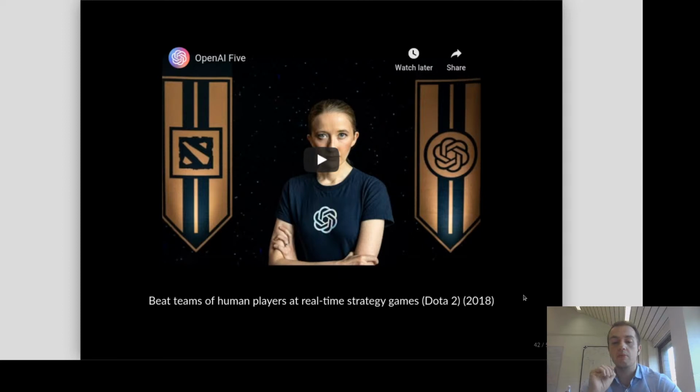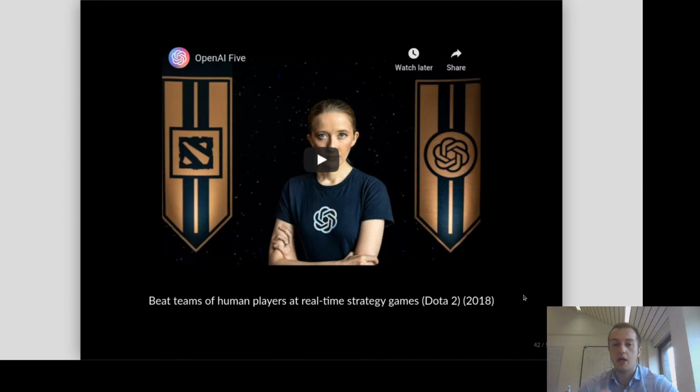This is interesting because you don't know everything, so the environment is only partially observable. You don't have access to the full information about the game. And you have to take many actions per minute. It's not one action and then you wait for 2 minutes for the player to do something else.